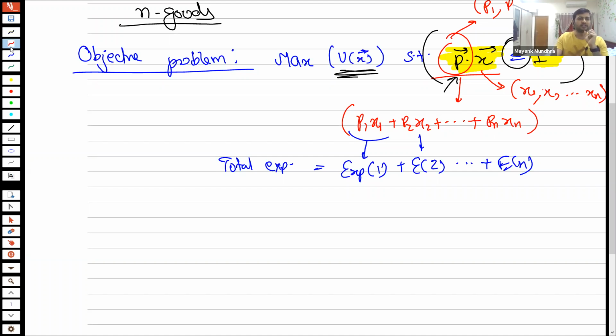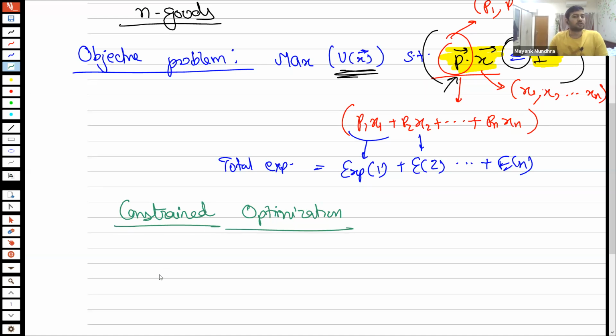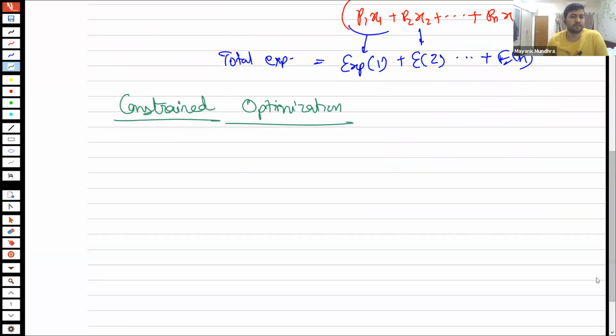But both these things come under the ambit of something called in maths constrained optimization. There are really two types of optimizations. One is constrained optimization, other is unconstrained optimization.